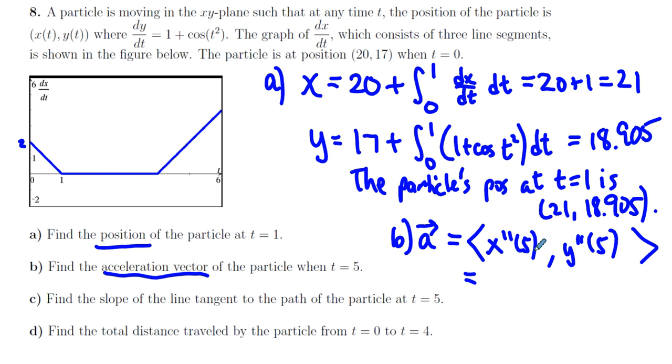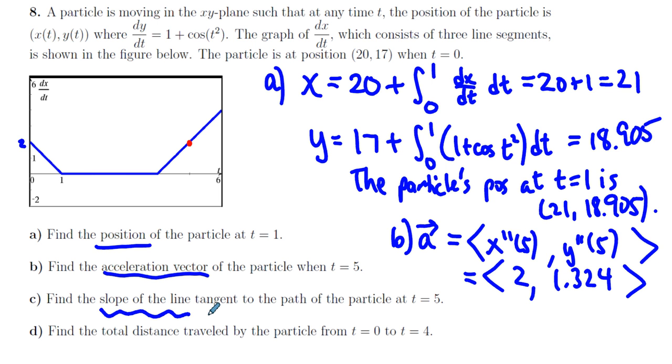Well, what's x double prime of 5? Well, here's time equals 5. X double prime is the slope of this line, which according to this graph is 2. What's y double prime of 5? Y double prime of 5 is the derivative of this at 5. And again, a calculator does this. And so we can have an acceleration vector when time is 5.